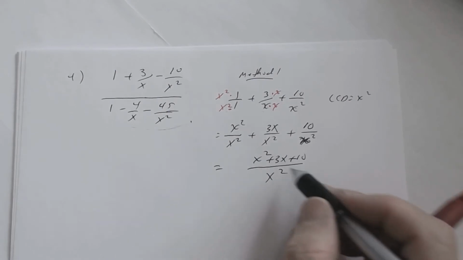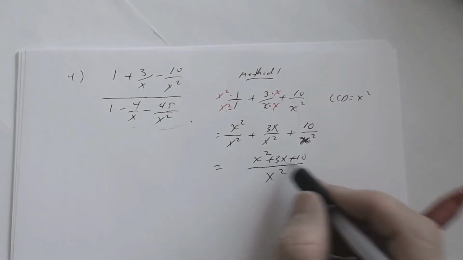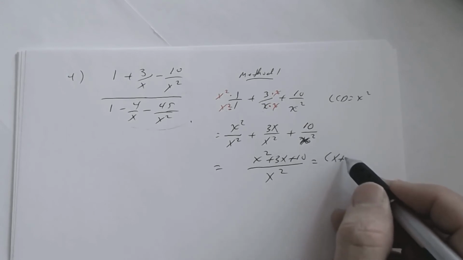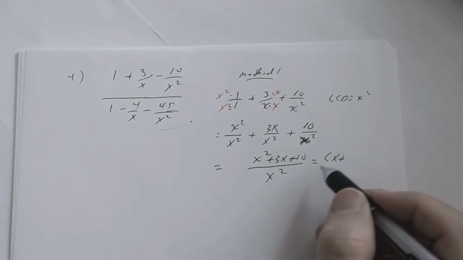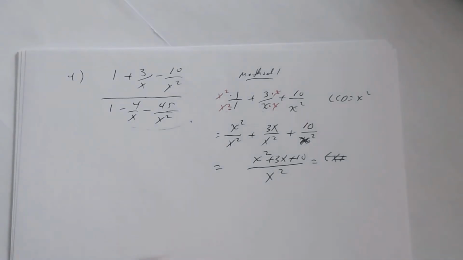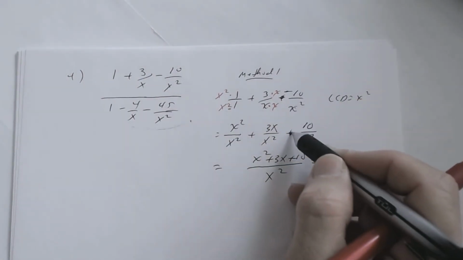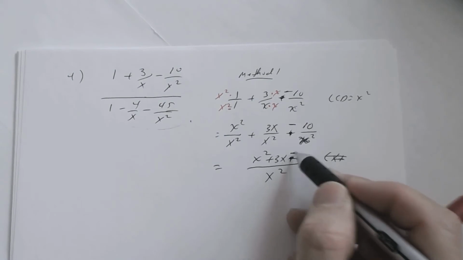All right, and let's go ahead and factor this right now. So if I factor this, it looks like I'm going to get x plus, actually it cannot be factored, right? So this cannot be factored. Okay. Oops, I'm sorry. That's a minus right here. Okay, so subtraction. See, you can easily mess up, right?